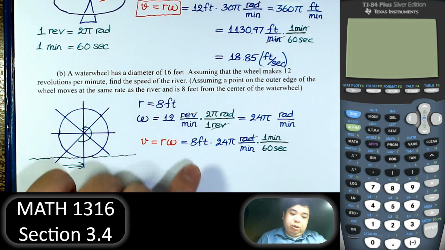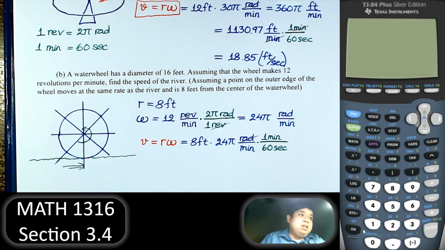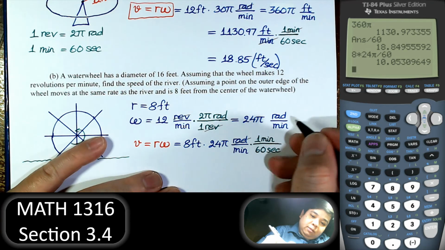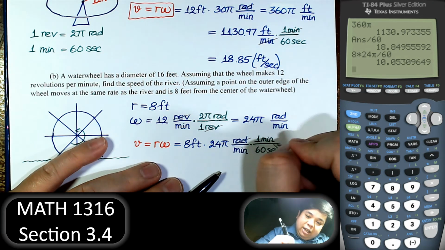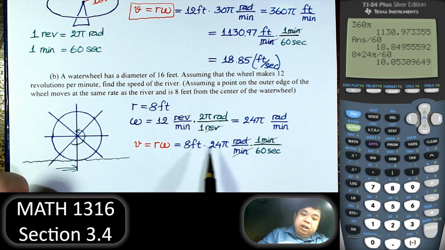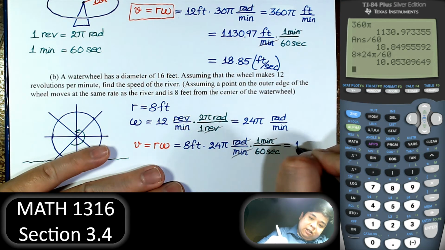And then we just do the math. It will be 8 times 24 pi divided by 60. So we have about 10 feet per second, because the minute cancels out, and all the numbers will be about 10 feet per second.